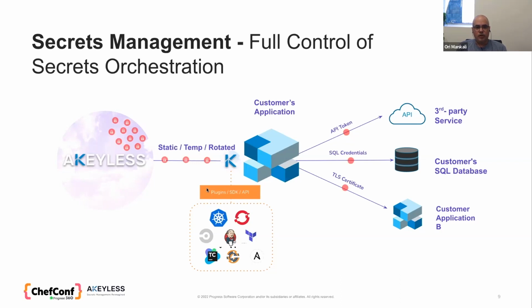This illustration here is showing a high-level diagram of the architecture. In here we see some kind of an application, it doesn't matter which one, that can communicate with either a third-party service, a database, or even another instance of the same or another application.